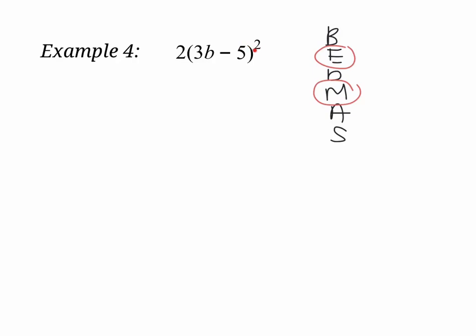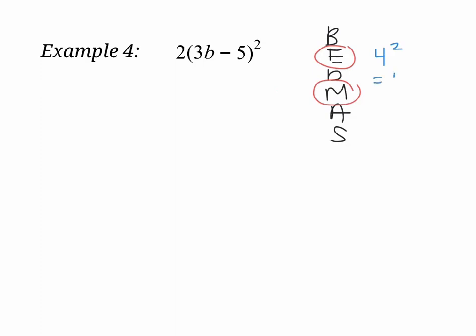So here's the second big no-no that students do. They think, okay, let me just distribute this squared in here. So this is going to be 9b squared minus 25, right? Wrong. No, no, no. Why is that wrong? Well, we're forgetting what a squared actually means. If I were to ask you to tell me what 4 squared means, you would say 16.